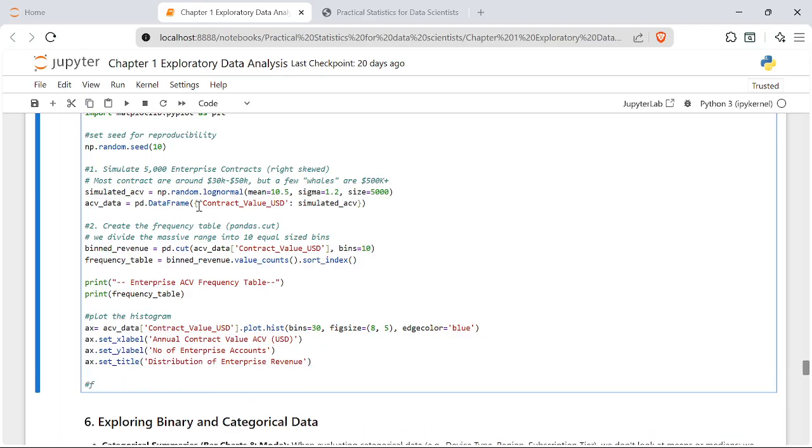Then formatting the x-axis to show dollar amounts clearly.